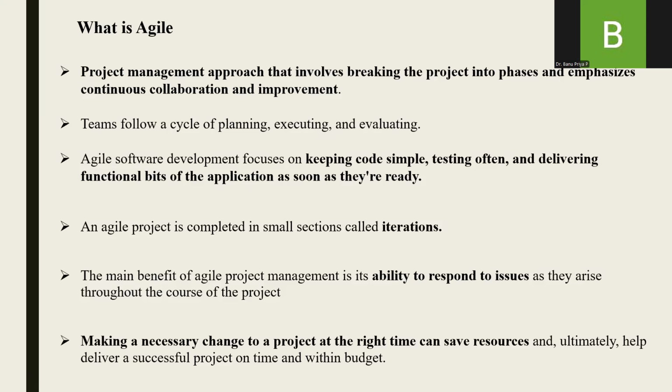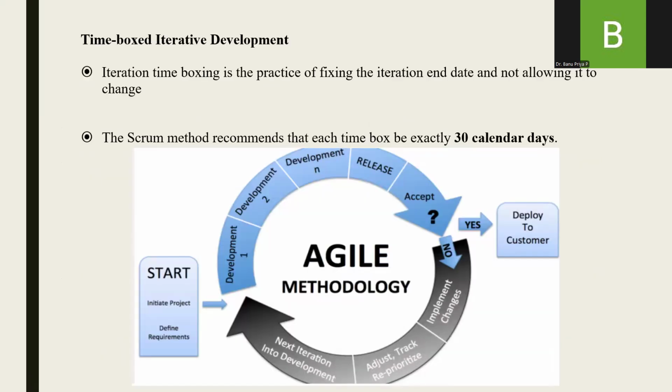The main benefit of having such Agile project management is its ability to respond to the issues that may arise throughout the course of the project. We can even make changes in the project at the right time, and this saves resources and time. Ultimately, this helps the project to be delivered within the timeline and within the budget. That is much more important for a software project.